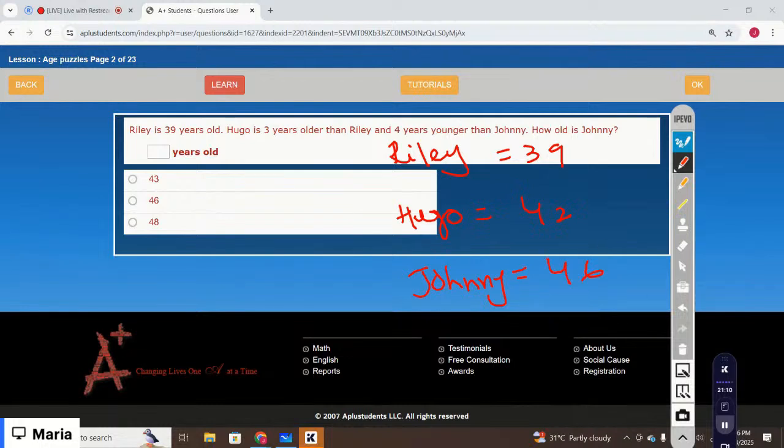The correct option is 46. Option number 2 is the correct option. 46 years.